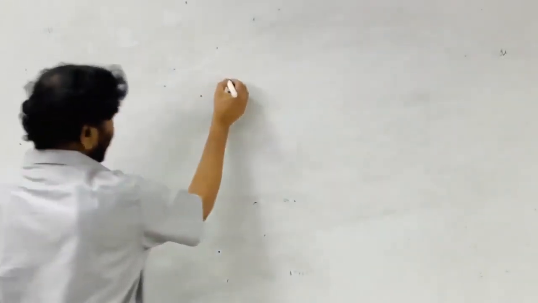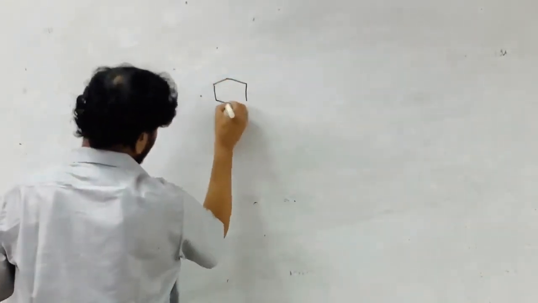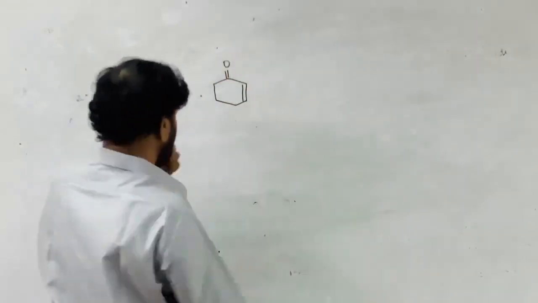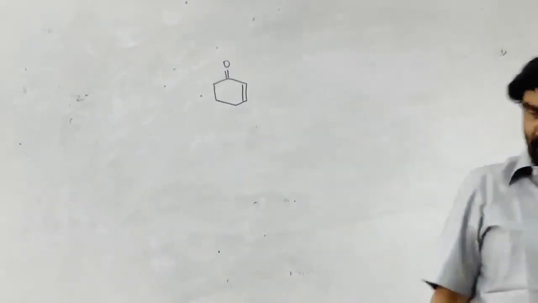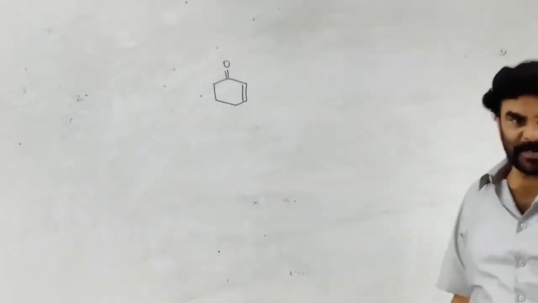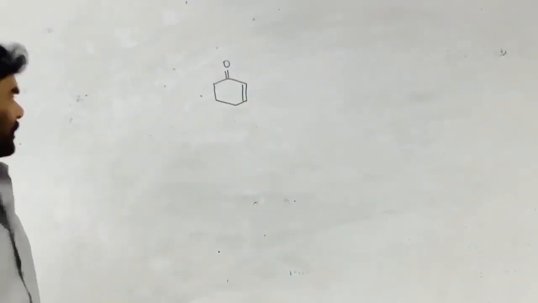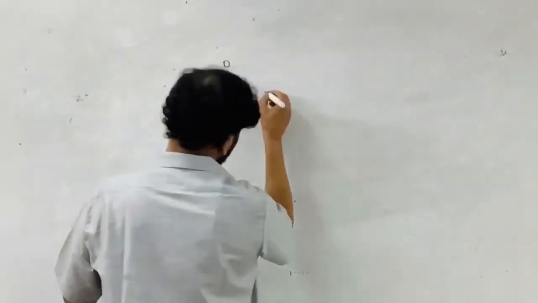So let me take the example of this, the more commonly used example. Now take cyclohexenone with proper numbering. Cyclohexanone, and the double bond is present between the 2 and 3 positions, cyclohex-2-enone.